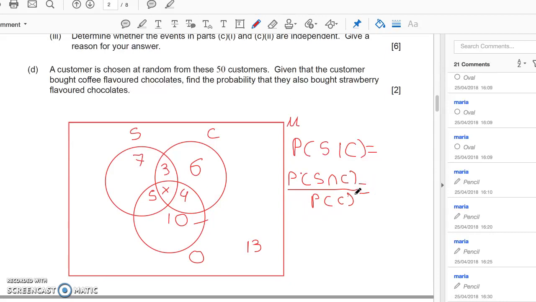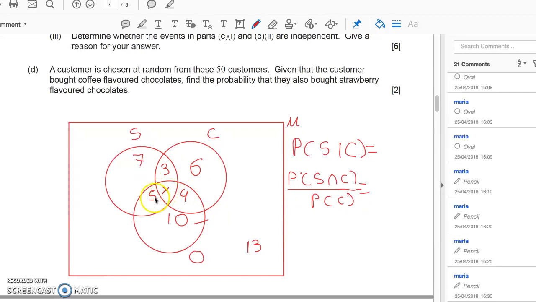So if we look at our values, what is the probability of strawberry and coffee happening? The probability of choosing strawberry and coffee is 3 plus 2, remember, X is equal to 2, so it's a 5, divided by the probability of preferring the coffee, which is all the numbers inside here, 6 plus 3 plus 4 plus 2.